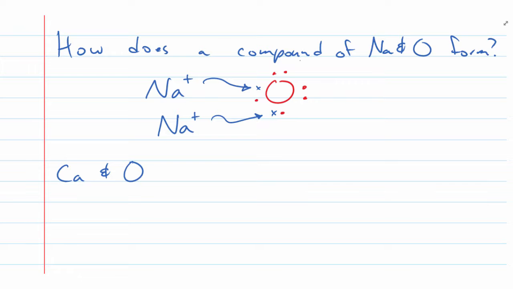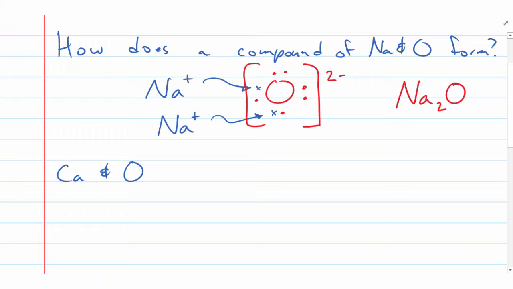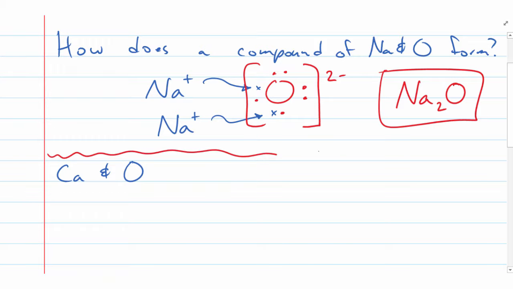And the oxygen now, whenever we combine dots and we want to show charges, we have to put it in square brackets. The charge that's going to go outside of here is going to be 2 negative. And it's 2 negative because oxygen picked up 2 electrons. And if we had to write a formula for sodium oxide, it would be Na2O. Any questions on that one?